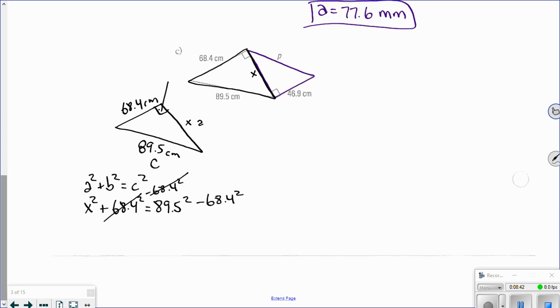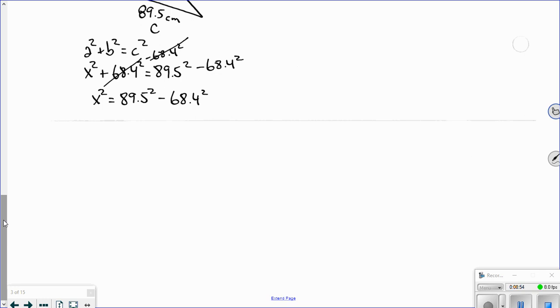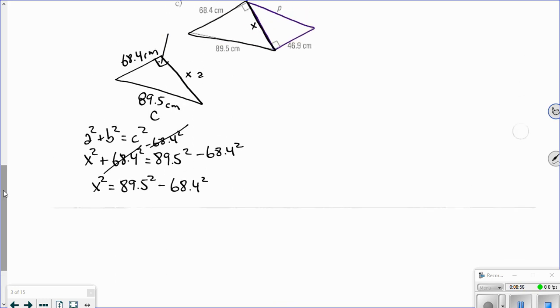Then the plus and the minus cancel out. So x squared equals 89.5 squared minus 68.4 squared. So x squared equals 8010.1 minus 4678.6.